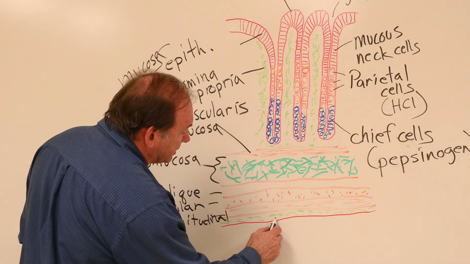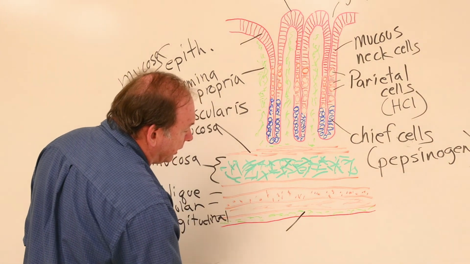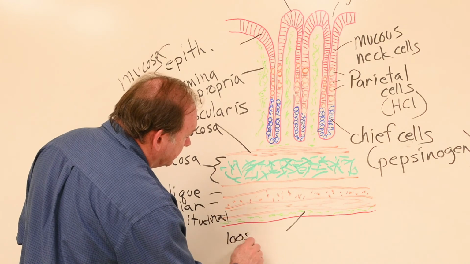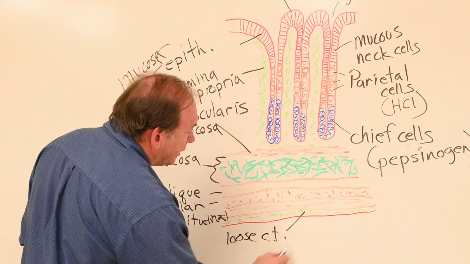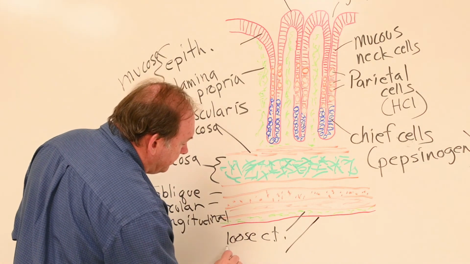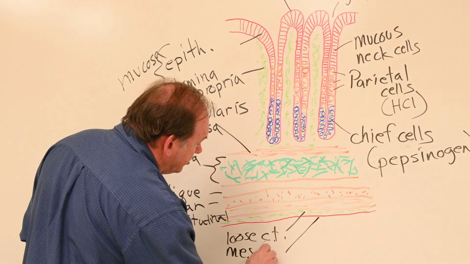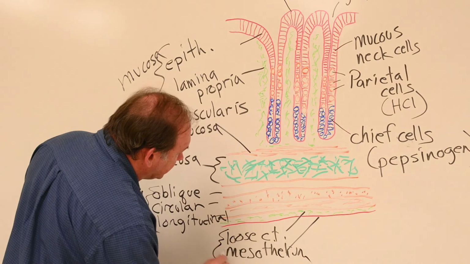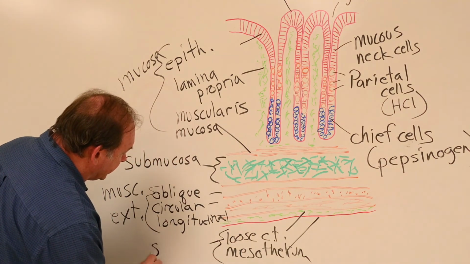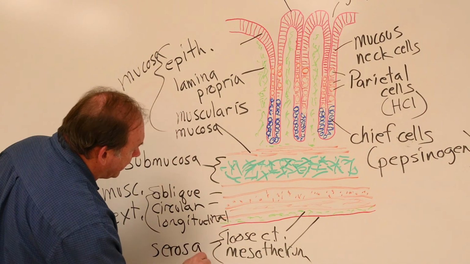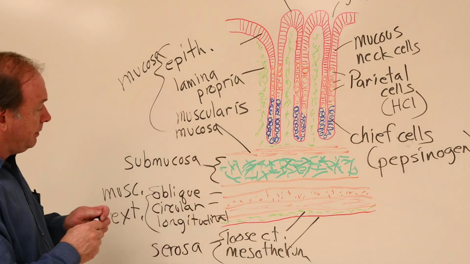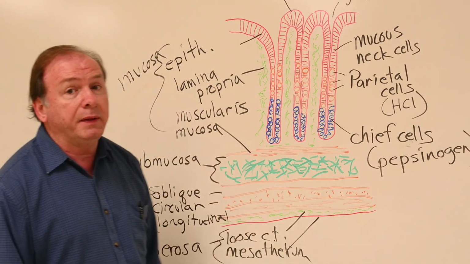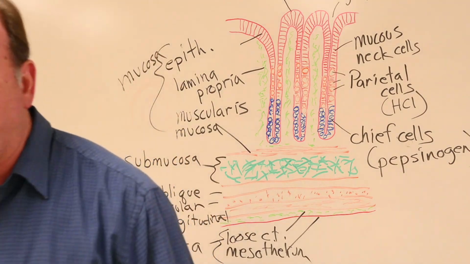That together makes up a serosa. Let's go ahead and try to label this. That's the loose connective tissue. And that's mesothelium. And that's what we call a serosa, the serosal membrane. So that's the layering of the stomach wall.